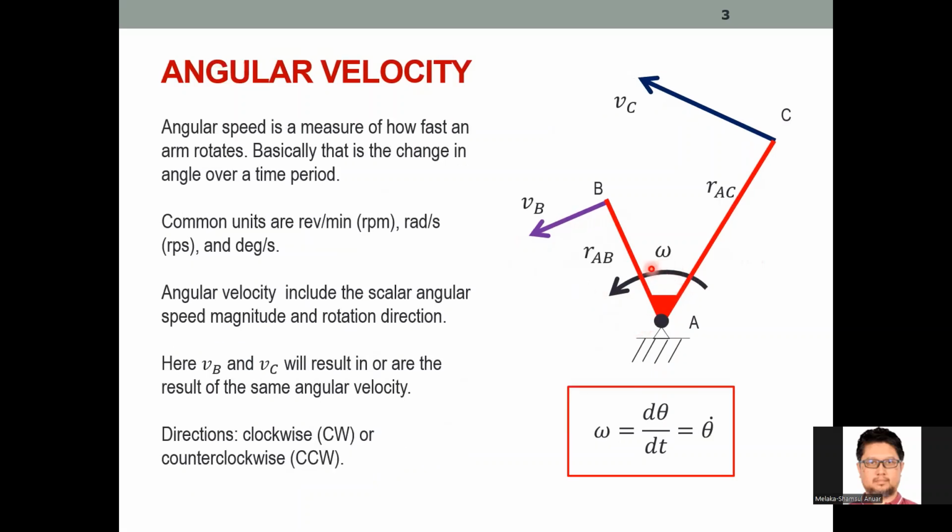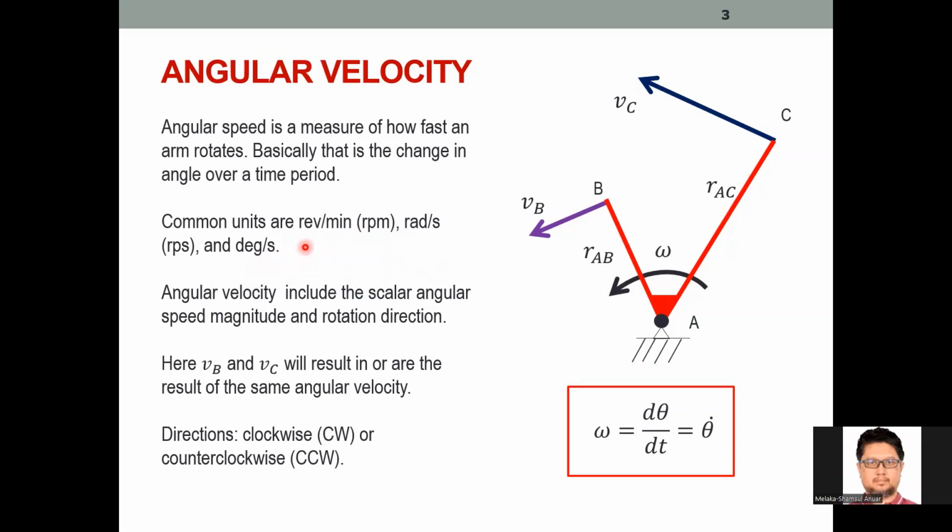Whereas the angular velocity is how fast the arm or the body rotates about a certain point or center of rotation. The units commonly used are RPM, radian per second, as well as degree per second. In some computer programs or CAD, they allow you to set the angular speed in degree per second.